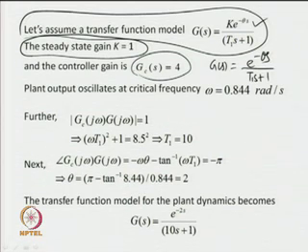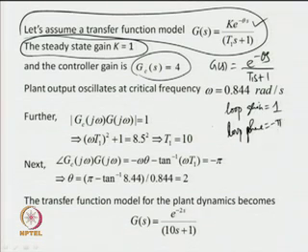Now, again making use of the concept of loop gain of 1 and loop phase of minus pi, we get the magnitude of G C j omega, G j omega equal to 1.